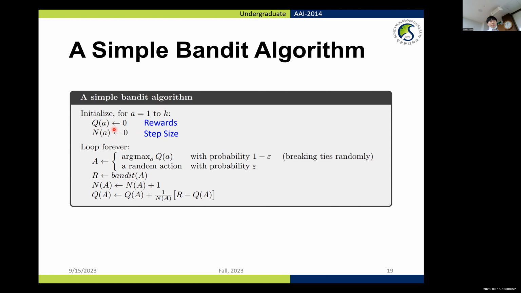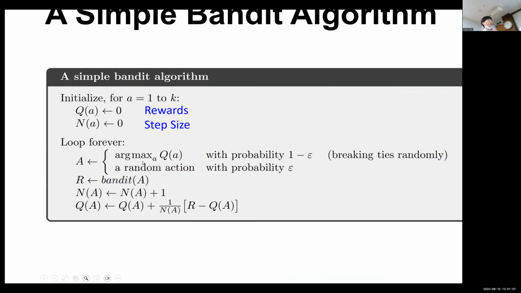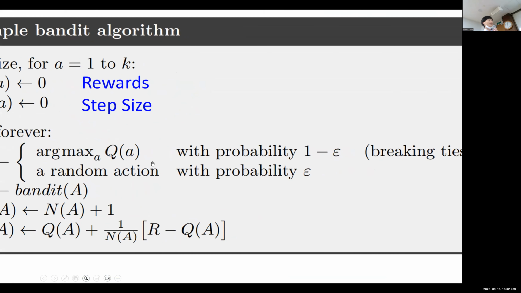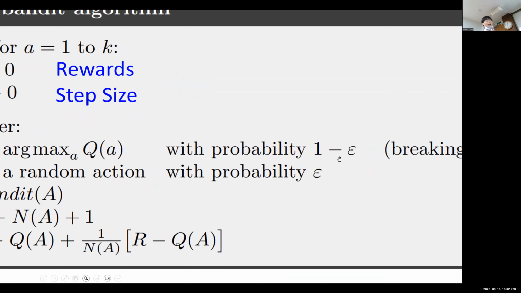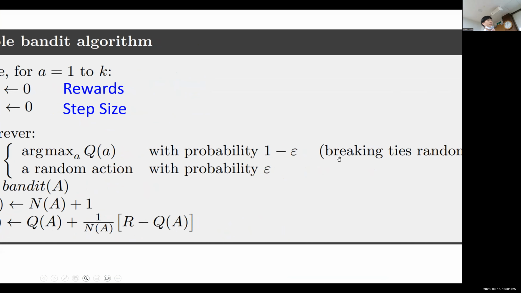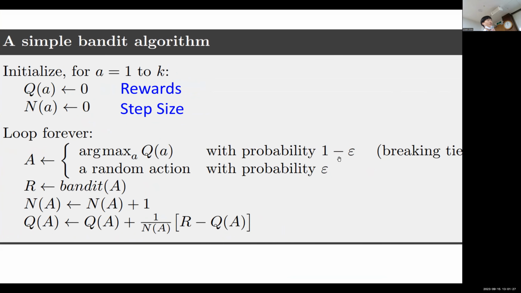Then at the beginning, we need to decide the action, whether we use the argmax over A, selecting the greedy way, right? Whether we choose the action that maximizes Q(A) with probability 1 minus epsilon, breaking ties randomly.